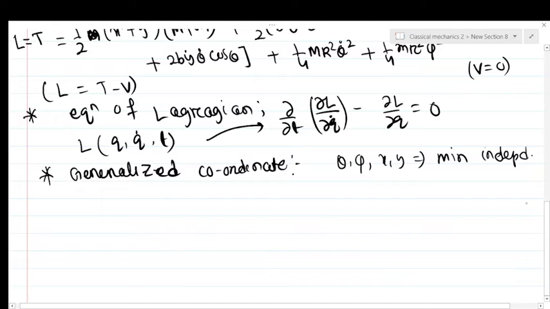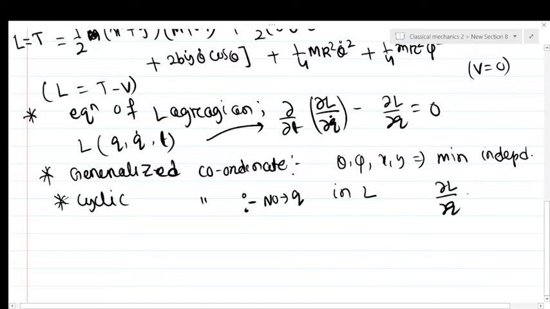But here, do you know what a cyclic coordinate is? A cyclic coordinate is the coordinate for which the linear momentum is conserved. That means there will be no q in the Lagrangian, so del L by del q will be 0.